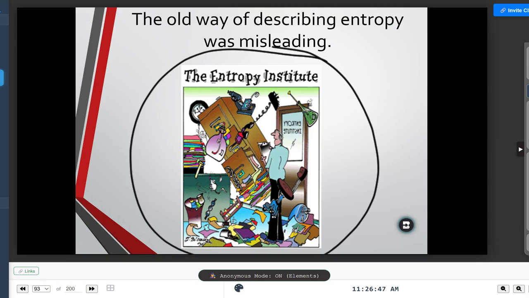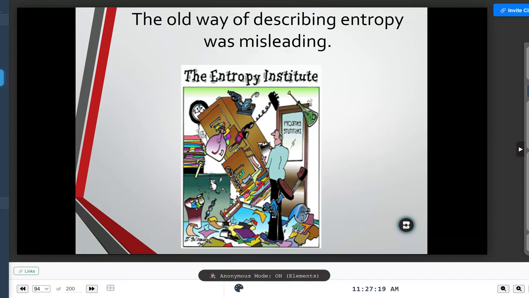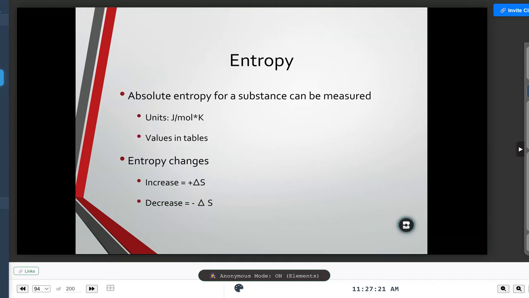The organized room versus the disorganized room still have the same number of objects in the room. Those objects aren't really dispersing their energy in any way. And so while it's kind of an interesting mental image, it's not really a very good scientific analogy because there's not really any movement of the particles out from some sort of localized area. So it's not really dispersing the energy. So I don't really like that concept as well as what we're talking about now.